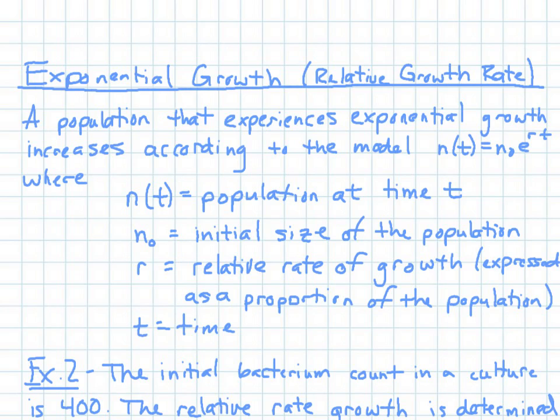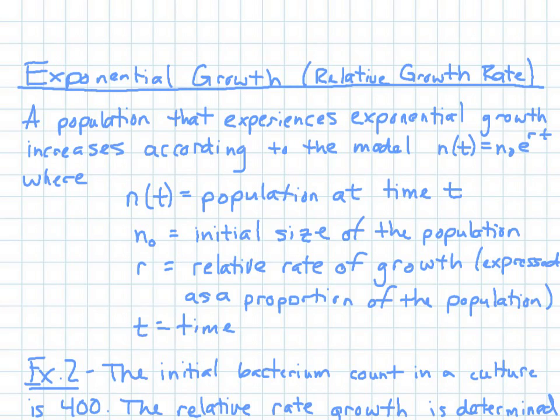So a population that experiences exponential growth increases according to the model n of t is equal to n sub 0 times e to the rt power. It's very similar to our continuously compounding interest problem. They work kind of the same way. So n of t is the population at time t, n sub 0 is the initial size of the population, r is the relative rate of growth, and t is time.